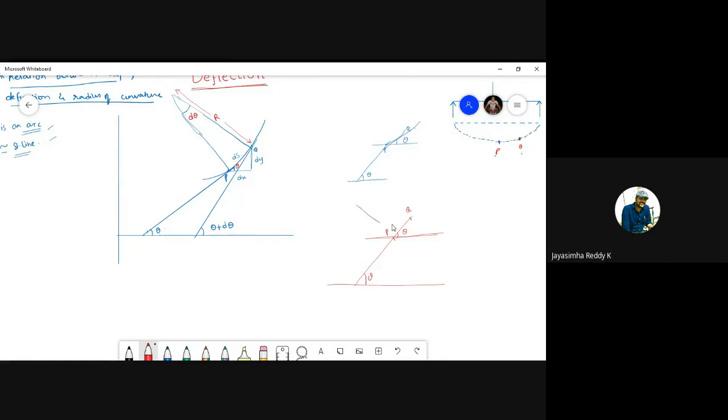And here we have made a normal, that is a 90-degree line, and let us just connect these two, like this. Is it clear, guys? So this angle is theta, and this is 90 degrees. So what will be this angle, students?